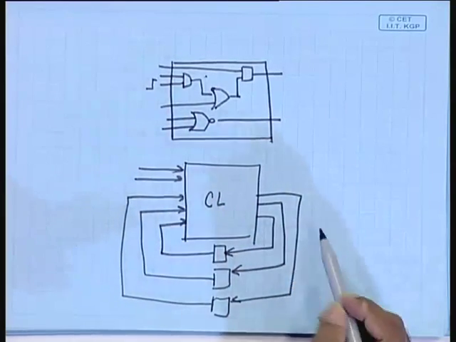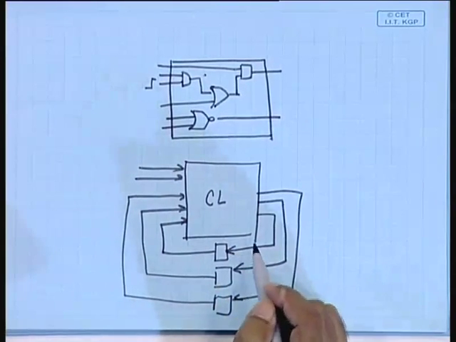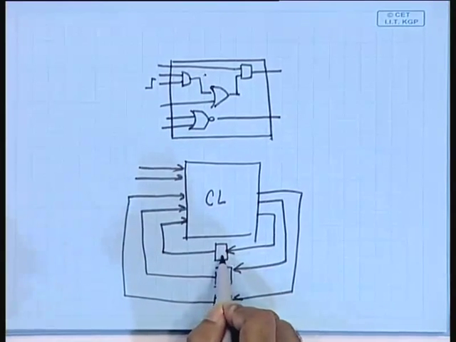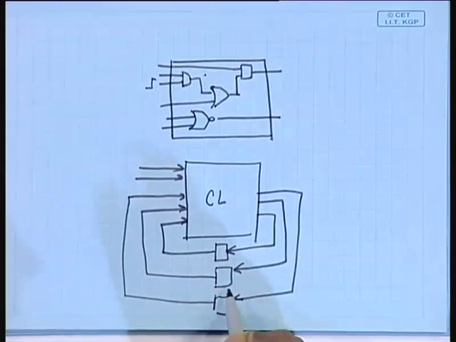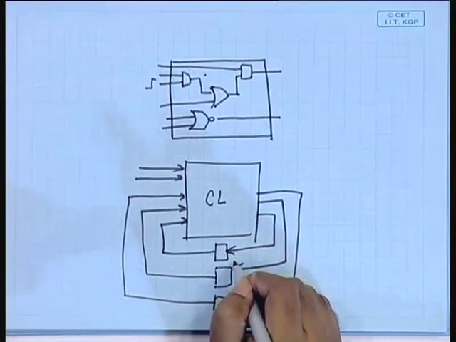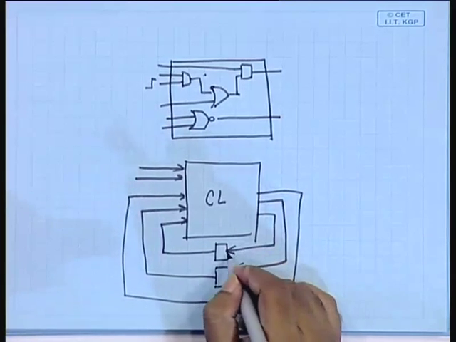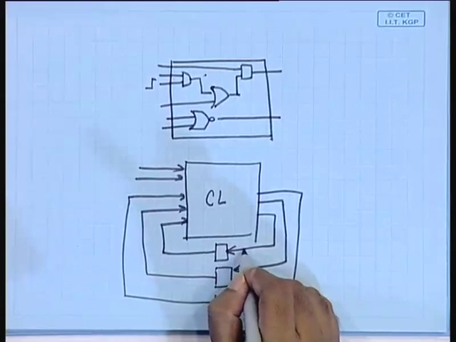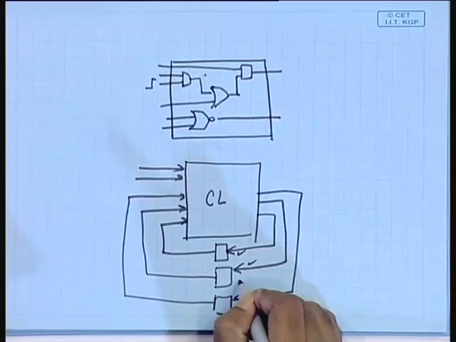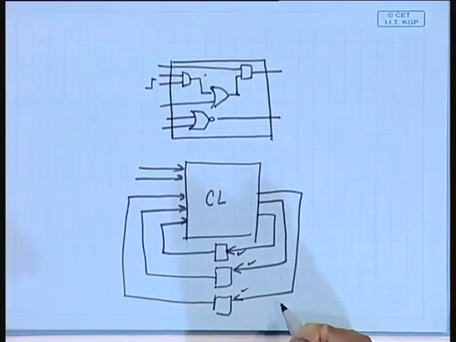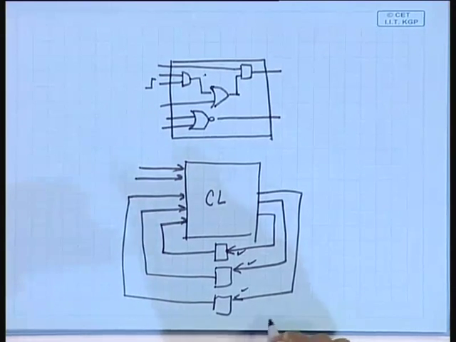Now, given this view of the circuit, we know that the values that will be latched on the flop are not going to happen at any point of time, but at certain edges of the clock. So, we are basically interested in computing the values at these points just before the edge of that clock, because that is the value that is going to be latched.